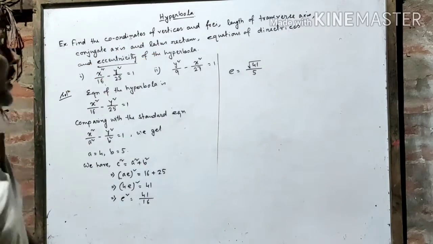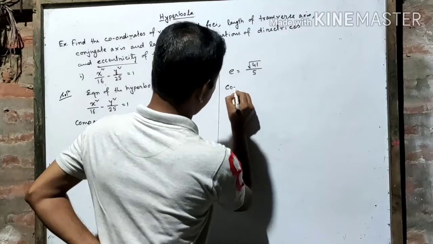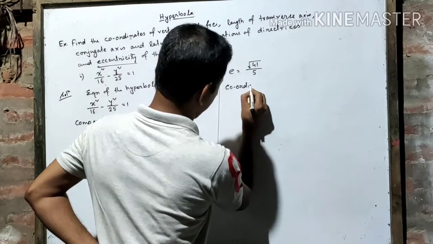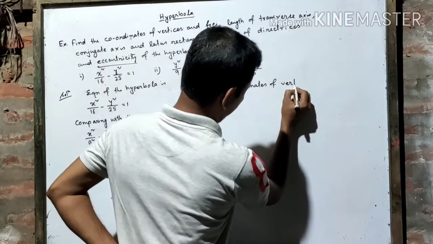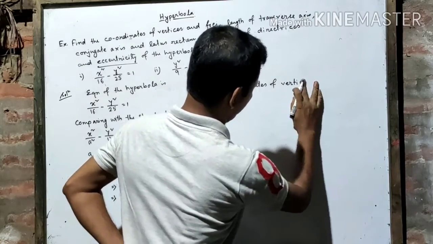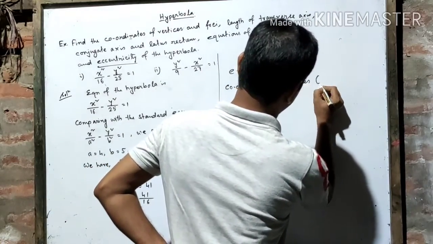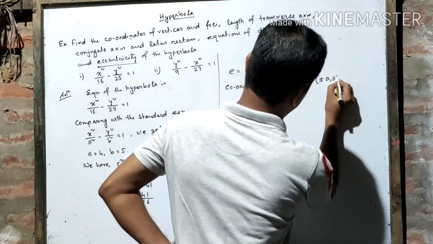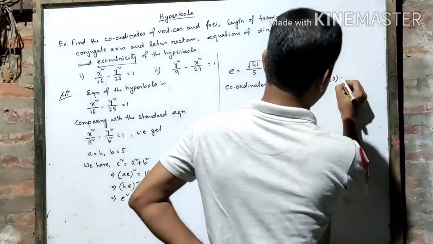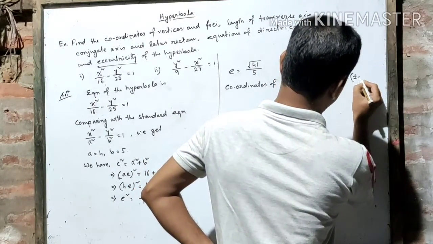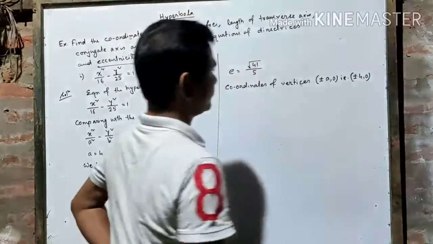Then coordinates of vertices. What are coordinates of vertices? Here x-axis is the transverse axis, so plus minus a, 0, that is plus minus 4, 0. Okay.